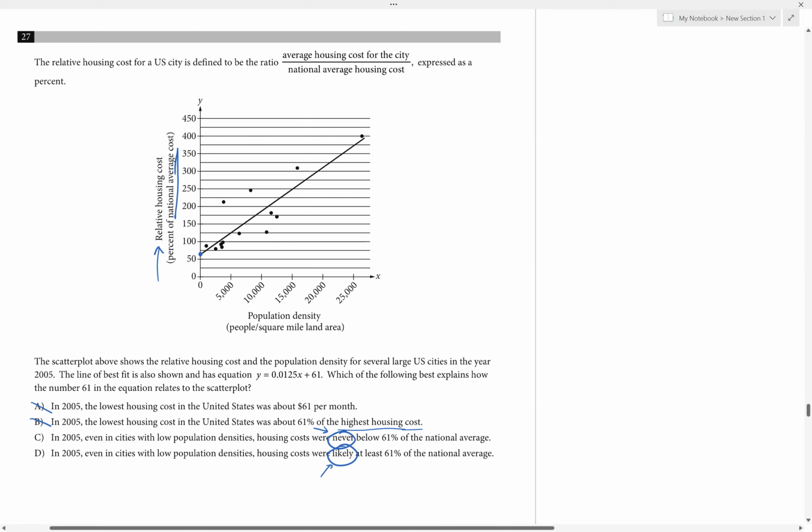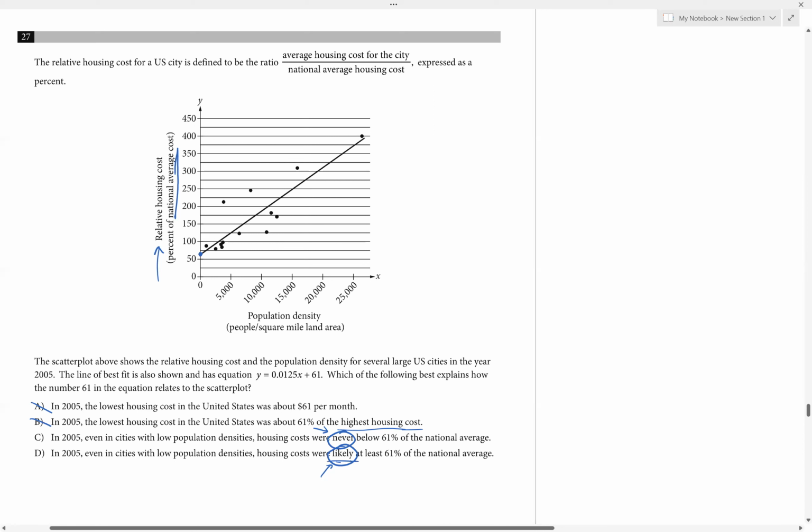Because if you just look at this chart, remember, this is just the average cost, so it's for a whole city. We could have some houses that are super cheap, so it could go below 61% for some other reason. Just on average, we see it should be more than 61%. So the best way to put it is we want to leave some flexibility.